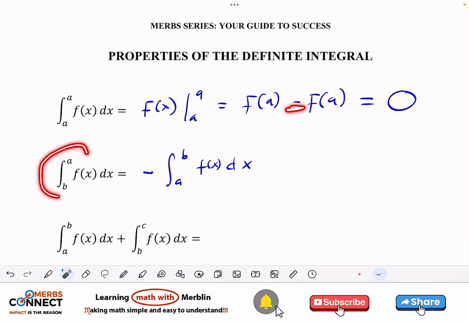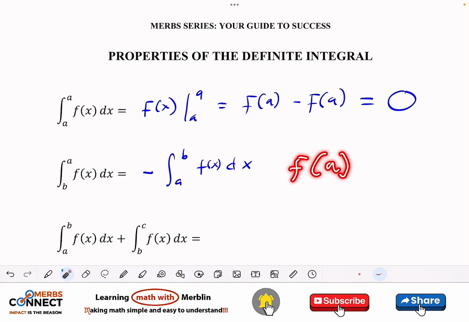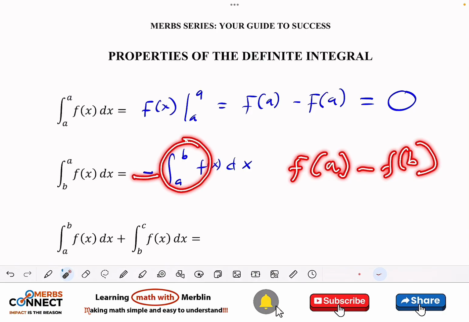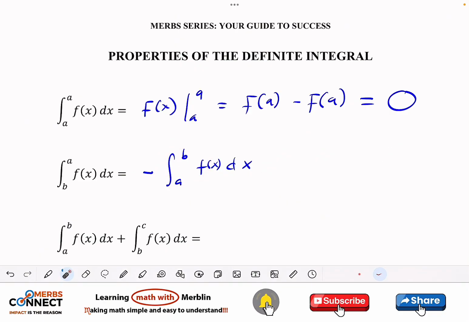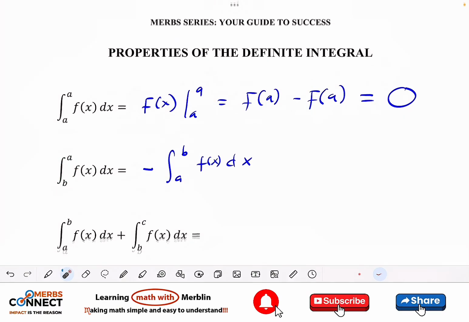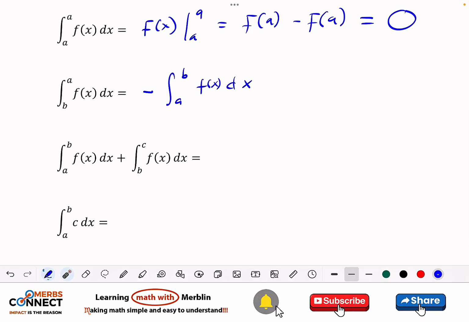So if I'm doing this, I'm going to have big F of a minus big F of b. When I subtract and swap the order, this is going to be minus, and I'm going to have b here and a here. When I multiply by the minus, I get the same thing. So anytime I have a function like this, I can swap the order. When you want to swap the order of the integration, you need to bring in a negative here. So that's another property.